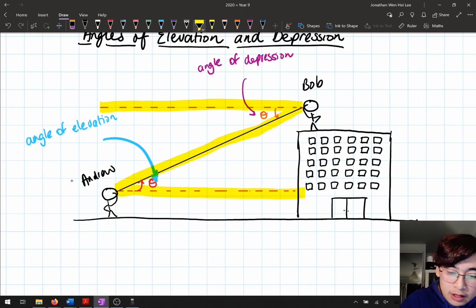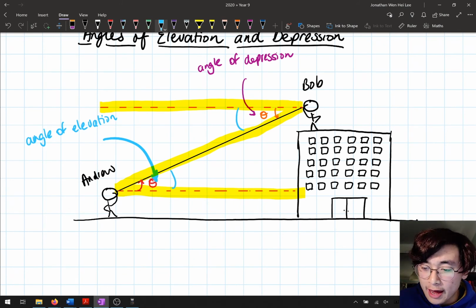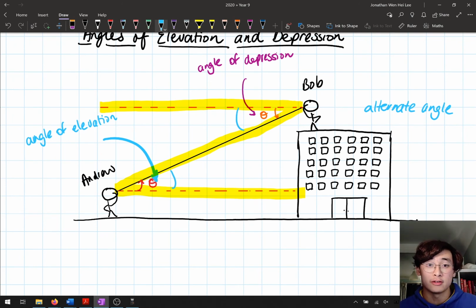So these two angles, this one here and this one here, form this Z shape, and we call these alternate angles. Alternate angles on parallel lines are equal. So these two angles turn out to be equal in value, and that's going to be a very important fact that we're going to use when we're solving these problems.